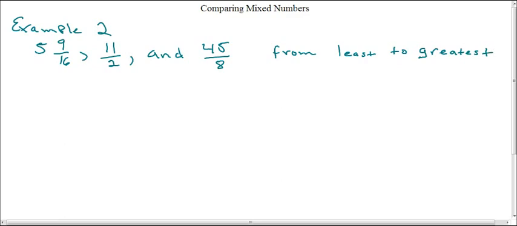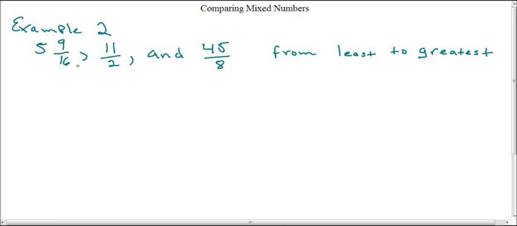From least to greatest. Well, it seems like this will be a little elongated, but we don't mind. So we have to do the same thing. We have to make sure that we find the least common multiple or least common denominator out of all the fractions. But first, we must change.